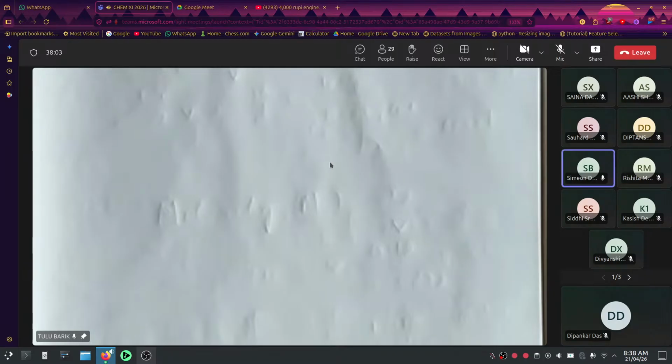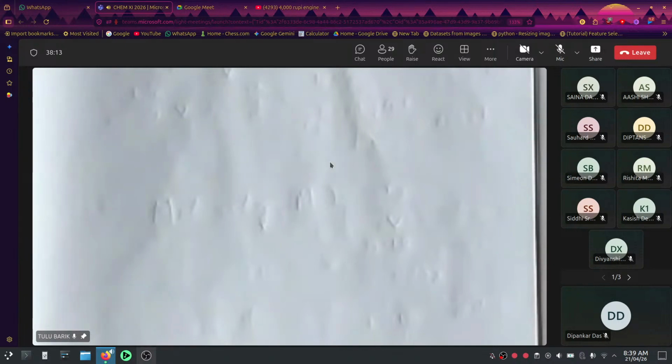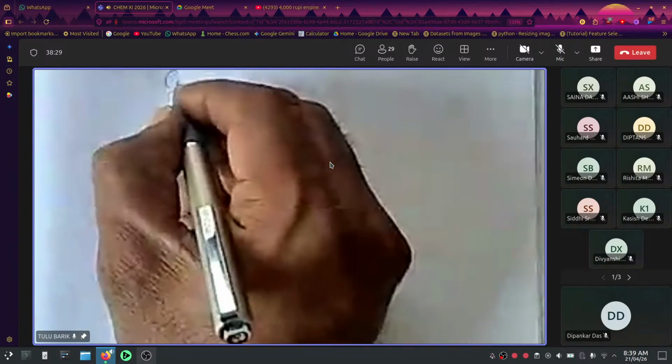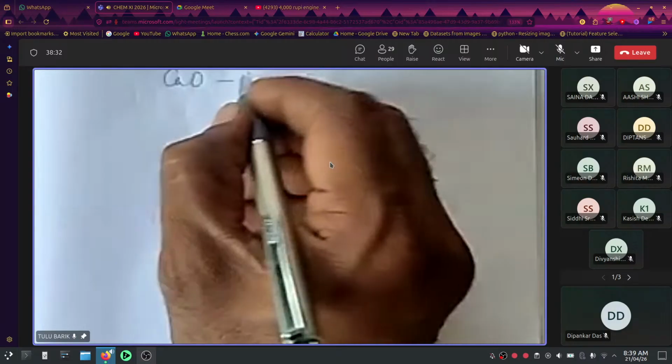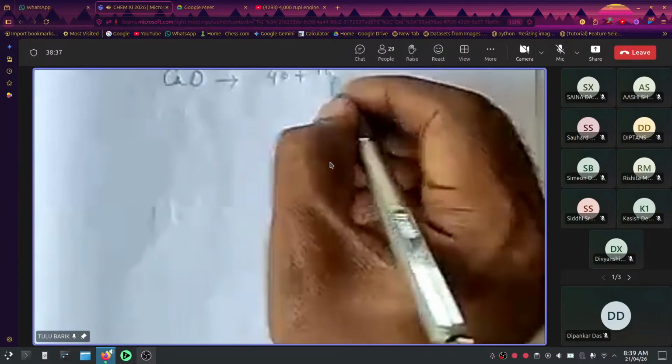Sir, the answer is 28. And we have to calculate the total mass of calcium. Sir, how to calculate it? First, you calculate the molecular mass. Calcium 40 and oxygen 16.